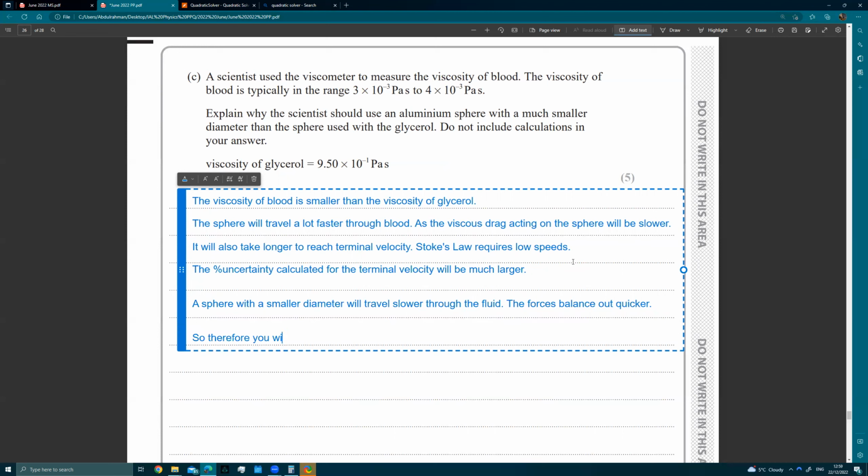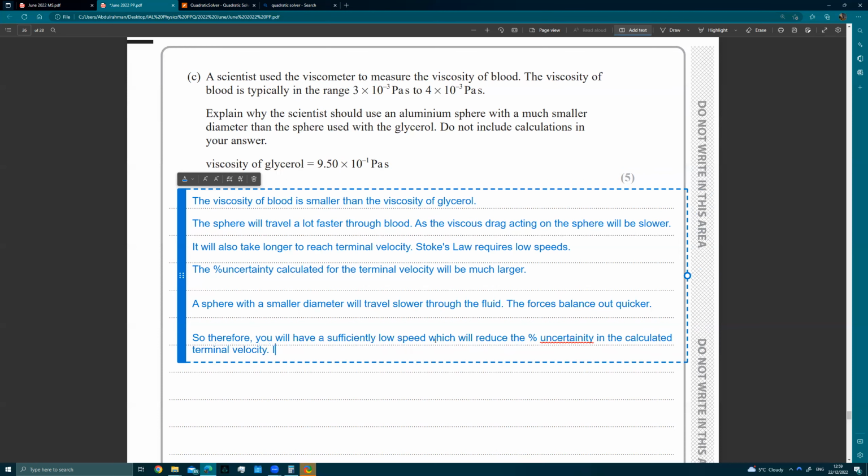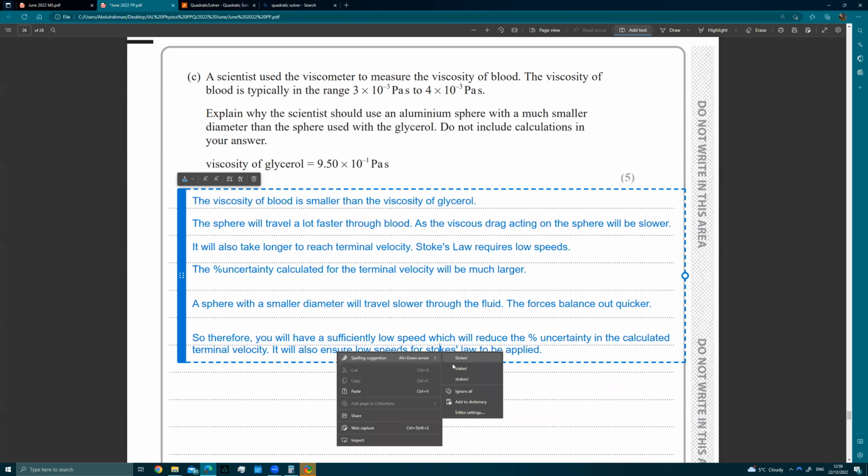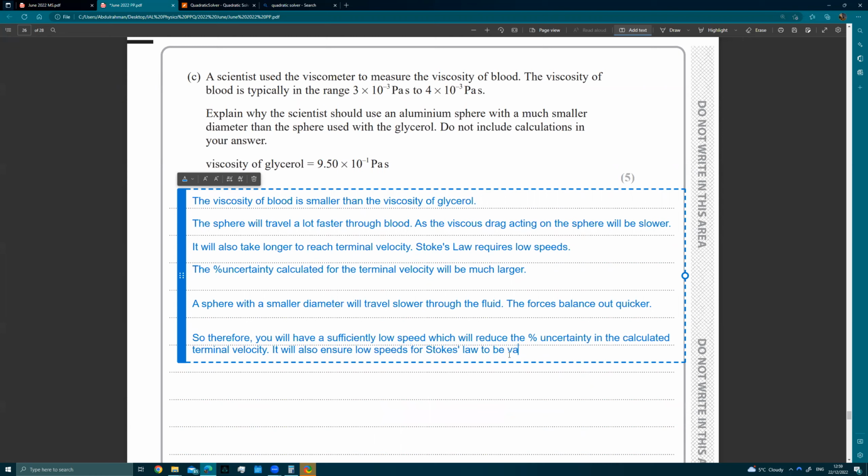So therefore, you will have a sufficiently low speed which will reduce the percentage uncertainty in the calculated terminal velocity. It will also ensure low speeds for Stokes' law to be applied, or to be valid, sorry.